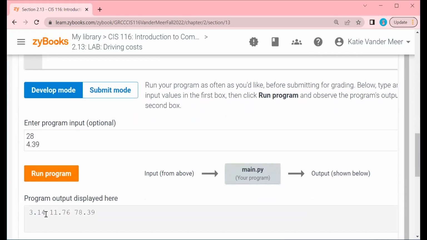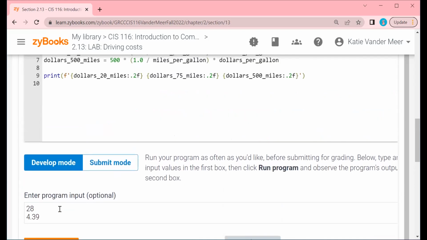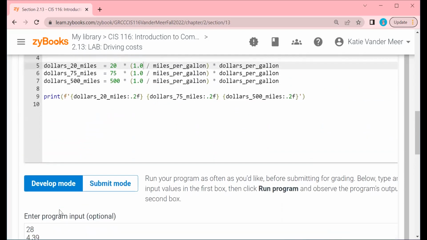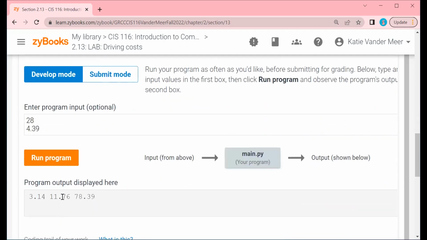After 20 miles, I would have spent $3.14. After 75 miles, it's going to cost me $11.76. And after 500, it's going to cost me 78. This might be easier to think of as, how much will it cost me to get to Florida?